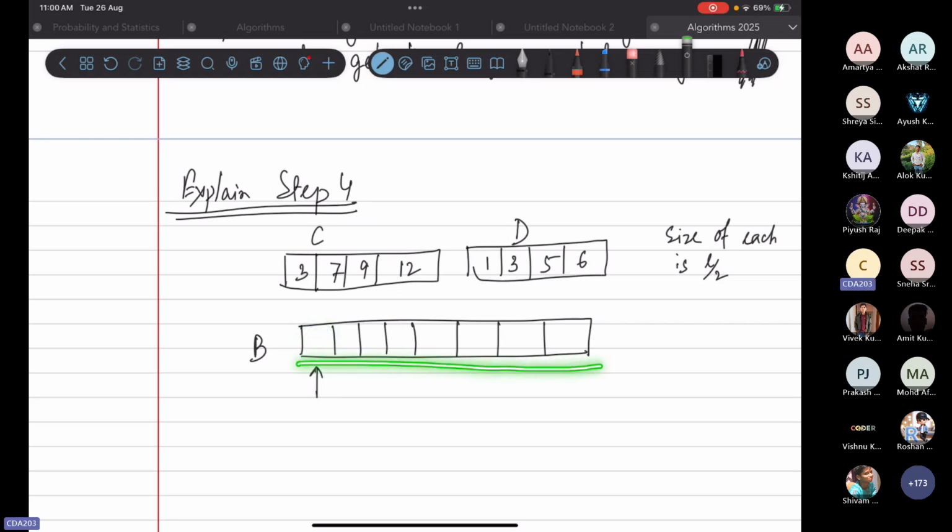This will again be a sorted array. Now, what will be the first member of this array B? How do you get that number? I know for this figure this will be 1, but what is so special about 1?